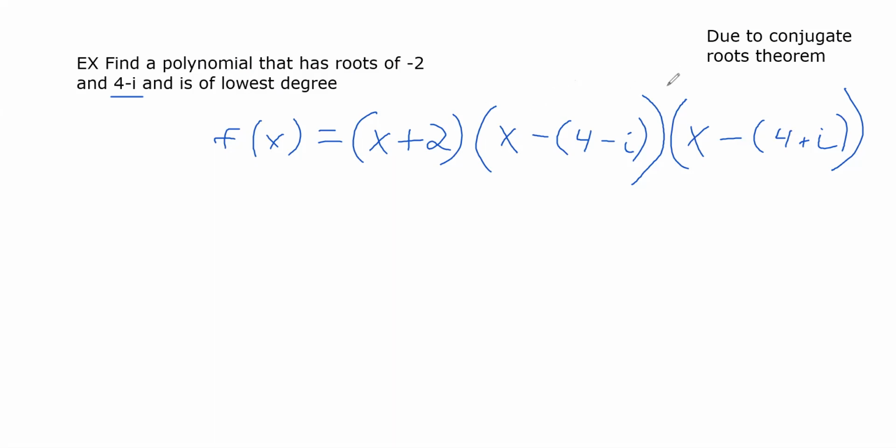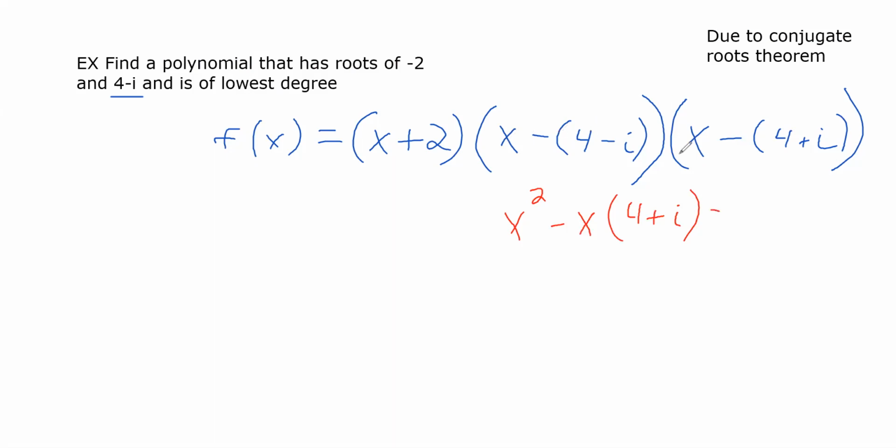I'm going to start with this one here because these are conjugates, and it's going to make for some cancellation. So I'm going to FOIL it out. We're going to get x squared minus, this time I'll put the x first, so I'm doing x times x times -4 plus i, and then minus 4 minus i times x.